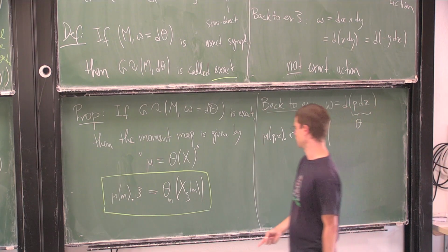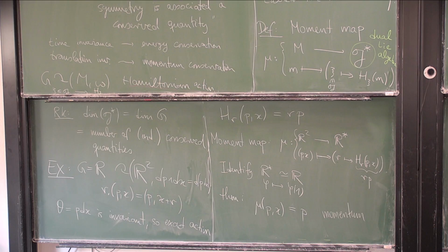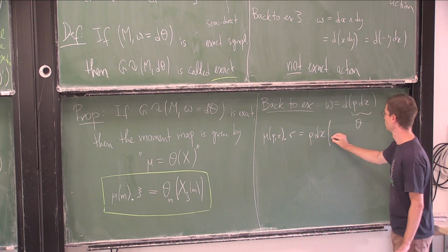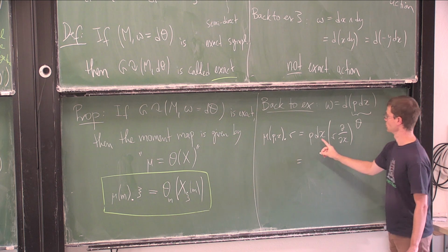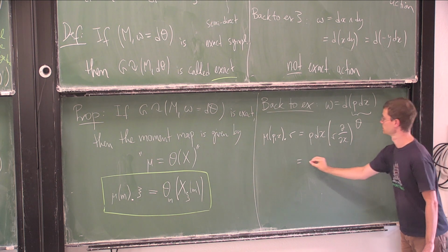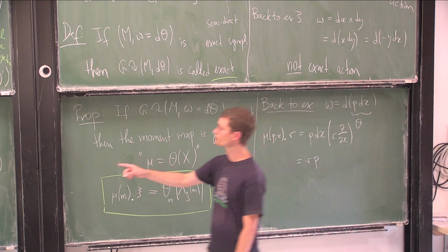The vector field you always have to compute. Have we computed it here? Actually, we have not. It's a translation action, so the vector field should be r del x. And dx applied to del x gives you 1. So it's exactly what we saw here.